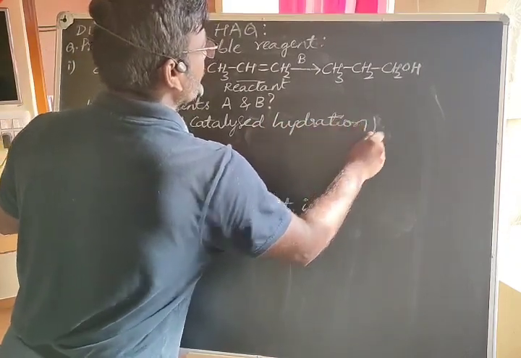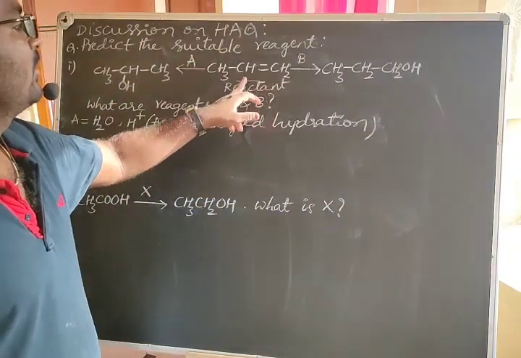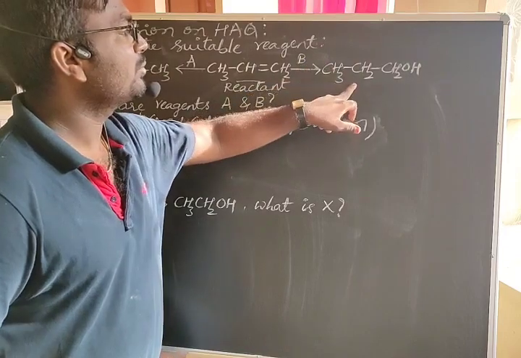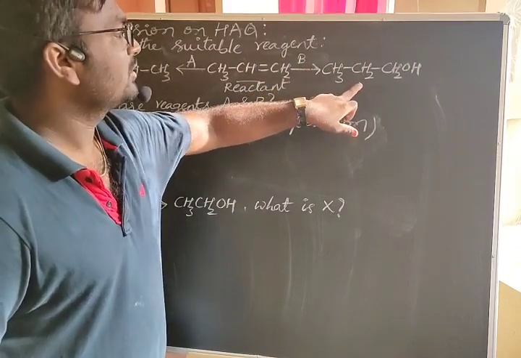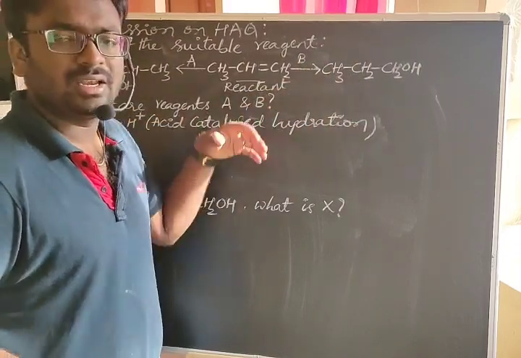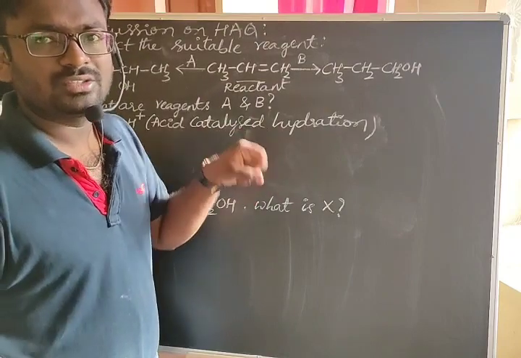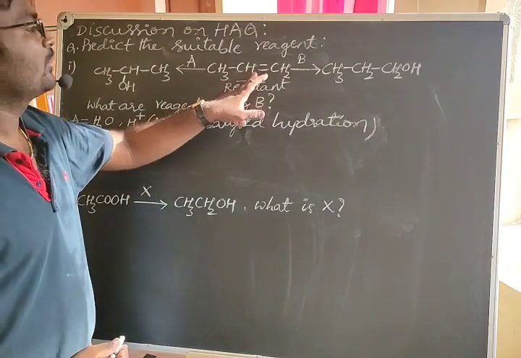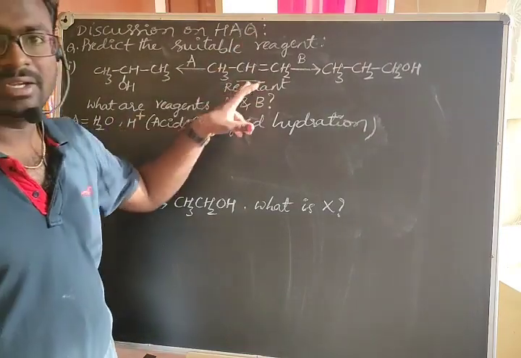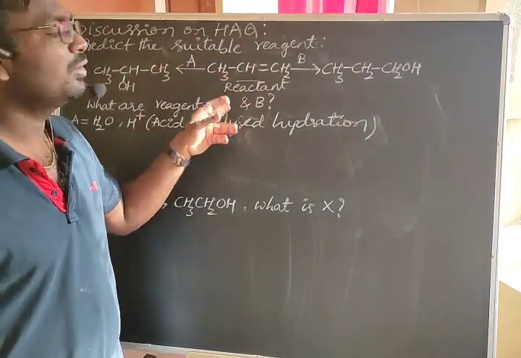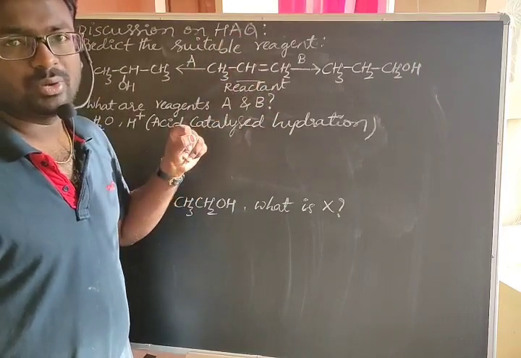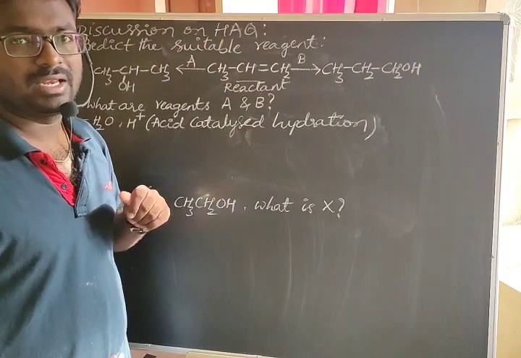Now come to this B. When the reactant is subjected to B, it gives propan-1-ol. We have discussed this already in the hydroboration oxidation method. It is possible when propene is treated with diborane, followed by treatment with hydrogen peroxide in the presence of alkali.